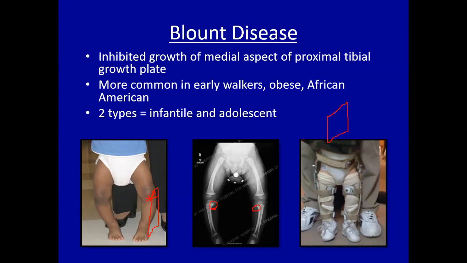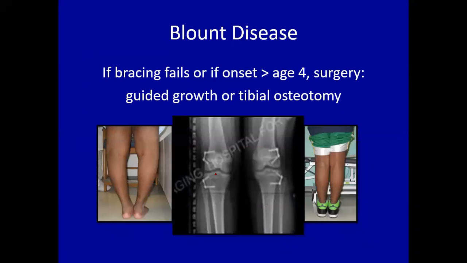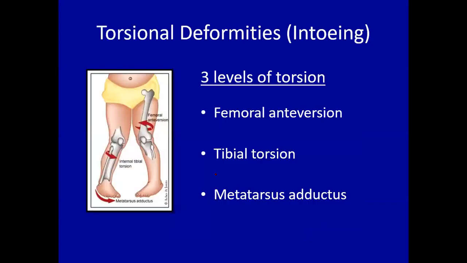And that's causing them obviously to deviate into this varus positioning, okay? So Blount disease can be fixed with surgery, particularly if we catch it early. If bracing fails and it's persistent, then they'll do surgery on these kids and pretty good outcomes.